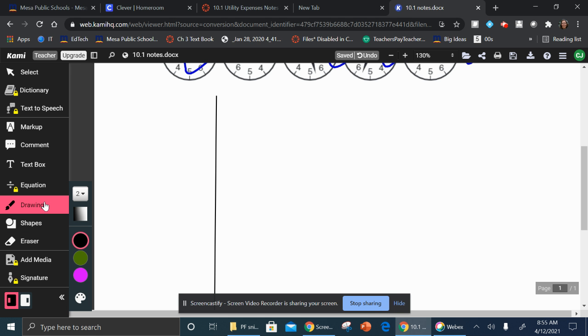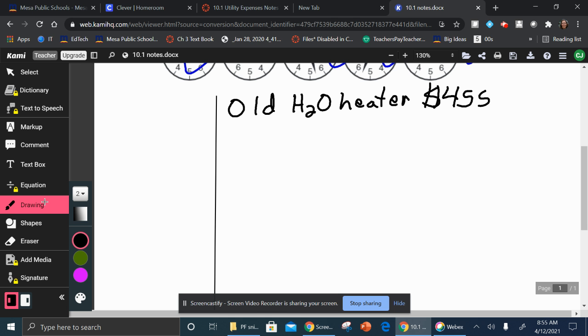Okay, so let's go back to the notes for these. So we have an old water heater. You know, they now have some pretty amazing things coming up, like tankless water heaters. So $455 per year to run. That was the cost to run it.